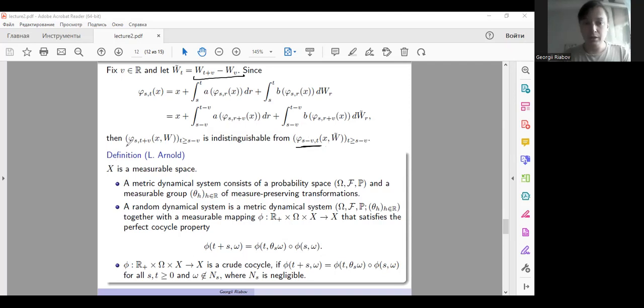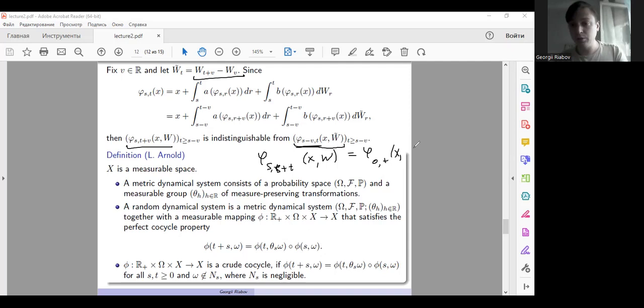Because if we have equality of these random variables for all s, t, and v, then we can, for example, take v equal to s and say that phi s, s plus t of x is the same as phi 0t of x, but evaluated on the shifted Brownian motion.